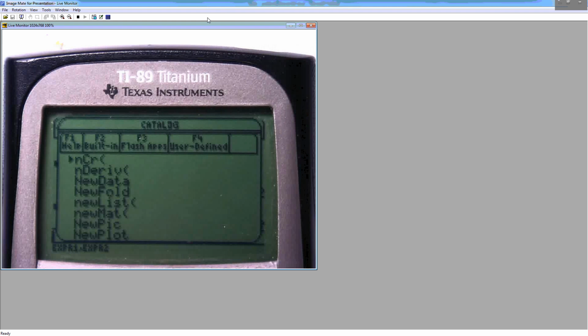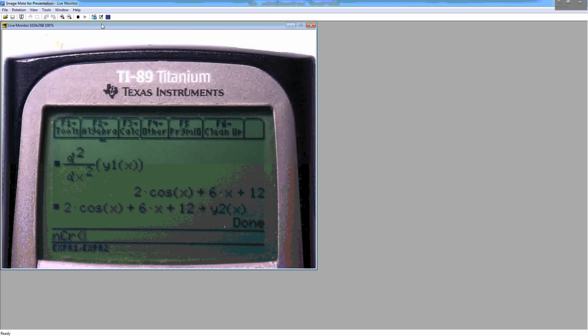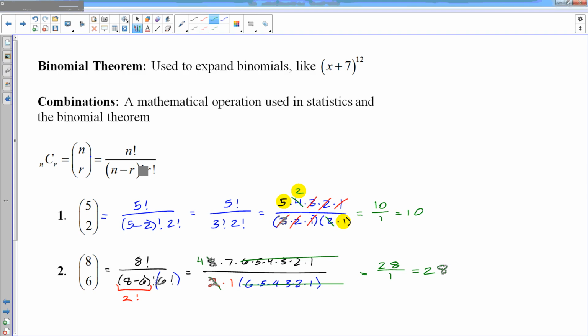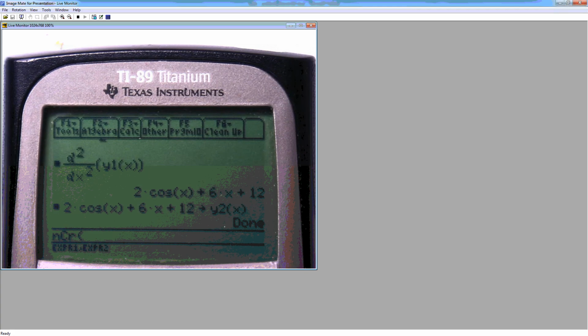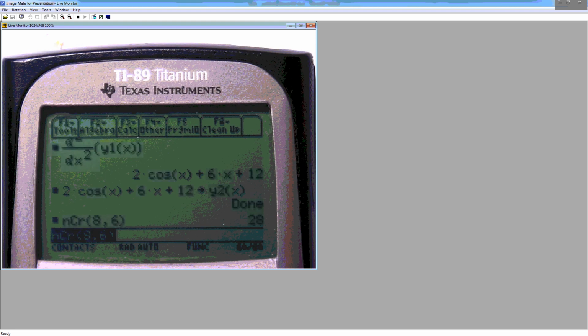It's the very first one. And at the bottom, it simply tells you expression 1, comma, expression 2. That last problem was 8 choose 6. So if I wanted to do 8 choose 6, I'll simply hit 8 comma 6. So NCR 8 comma 6, and you get an answer of 28. So that's how you can do this on the TI-89.